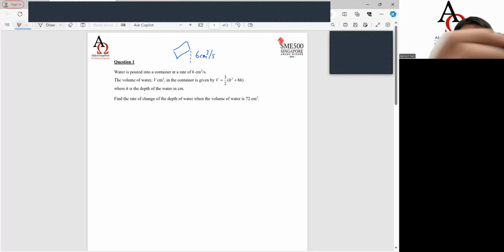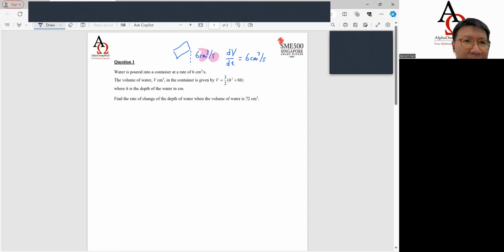It is cubic centimeters per second, so this is a hint that 6 cm³ per second is our dV over dt, the rate of change of volume with respect to time. Volume because it's given in cubic centimeters, time because it is given per second.